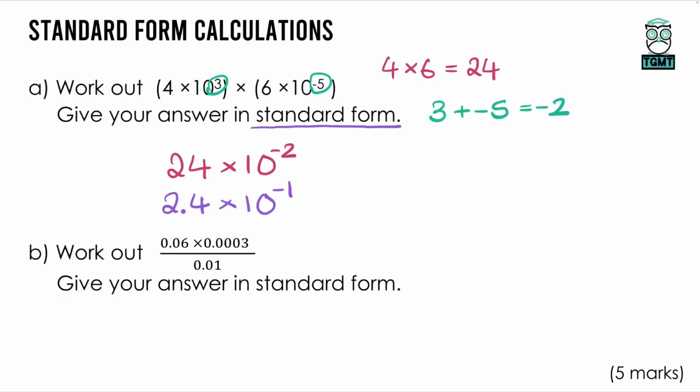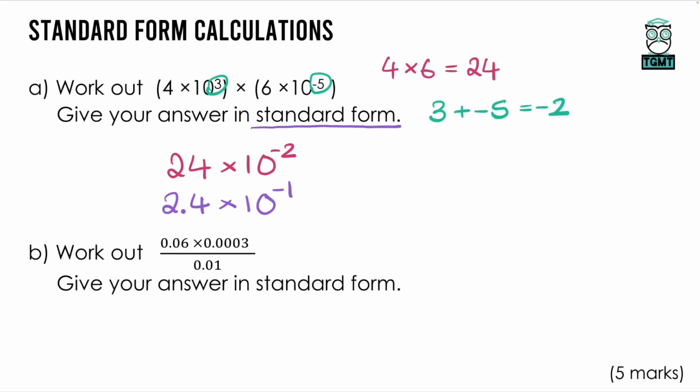Now on the next question, we have a multiplication and we have a division. This is a very challenging question. Without a calculator, it's a very, very challenging one. Now what we could do is write these numbers in standard form and then apply the trick that we've used above.